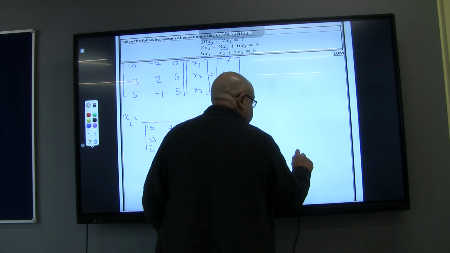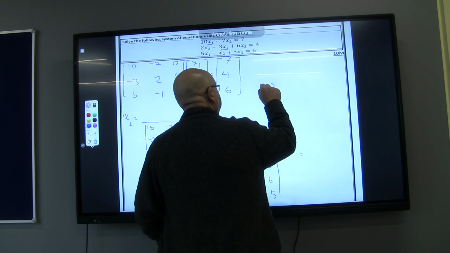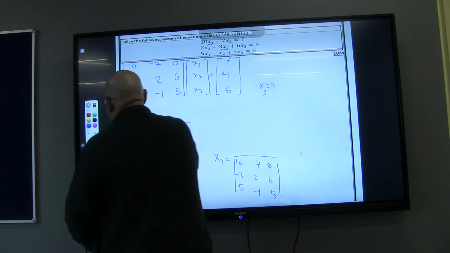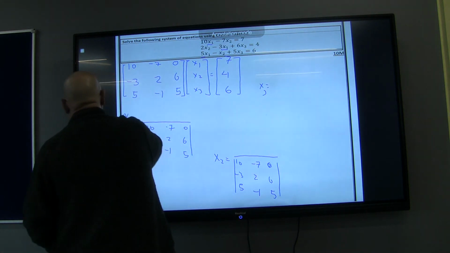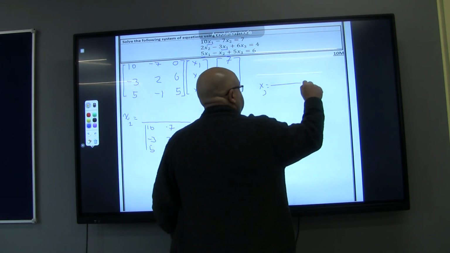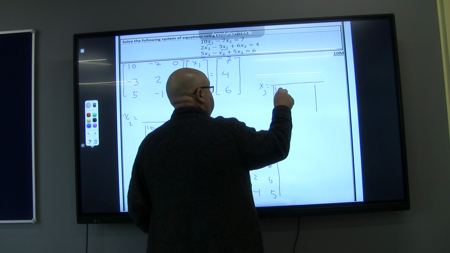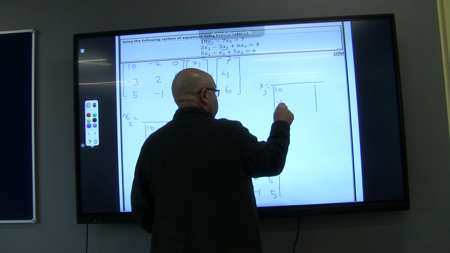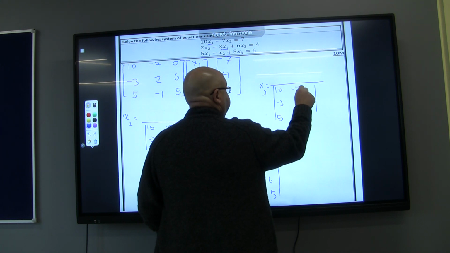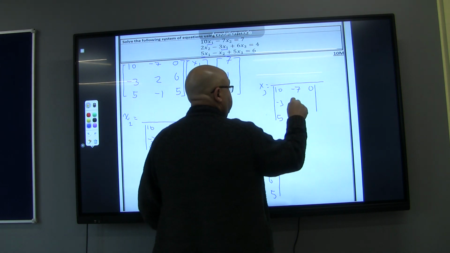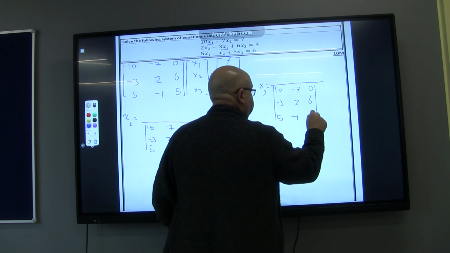And for x3, in a similar manner, 10, negative 3, 5, then negative 7, 2, negative 1, then 0, 6, and 5.